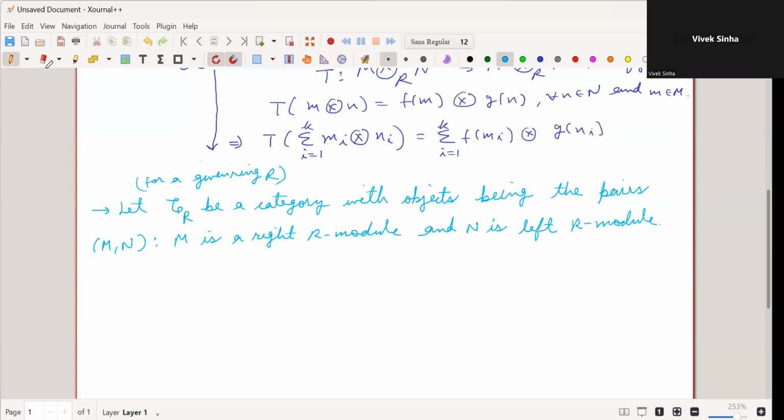And now we have defined the objects, and arrows from M to N. You have an arrow M dash N dash. So this is a pair, this is a pair. So you have an arrow from M comma N to M dash comma N dash.